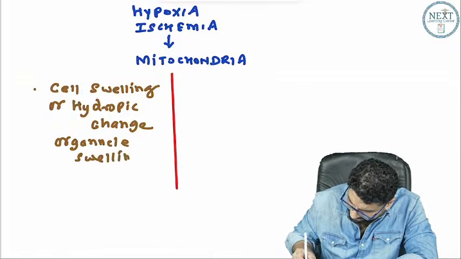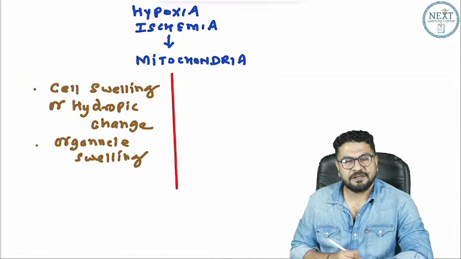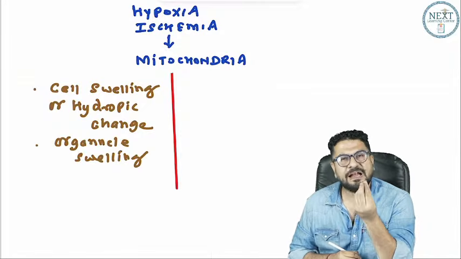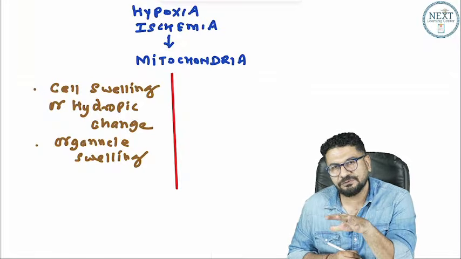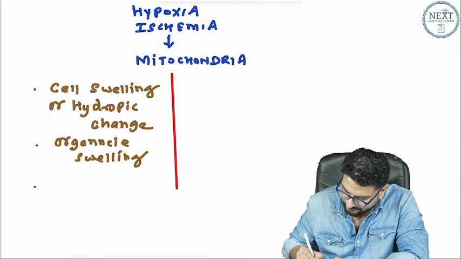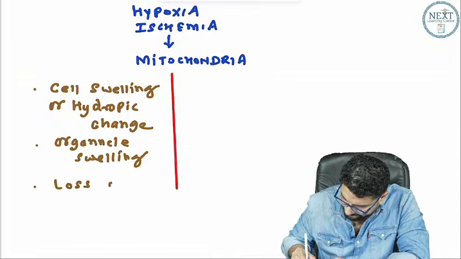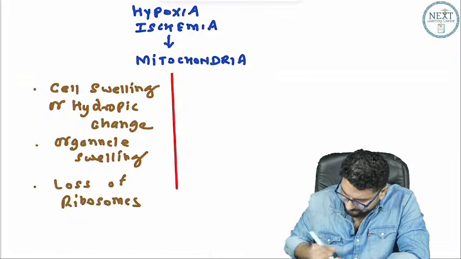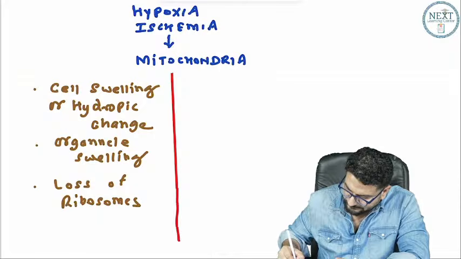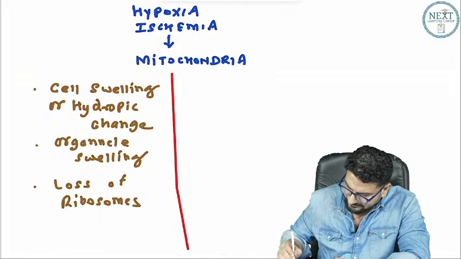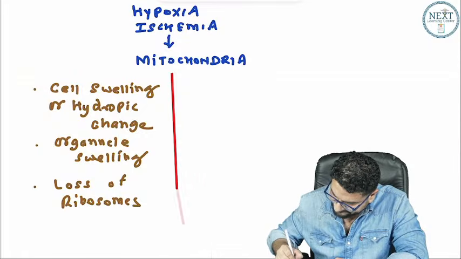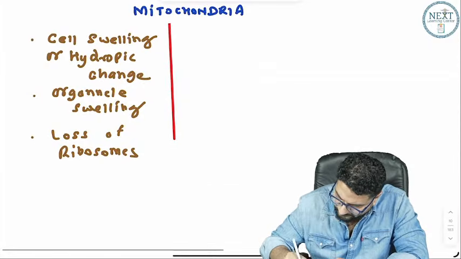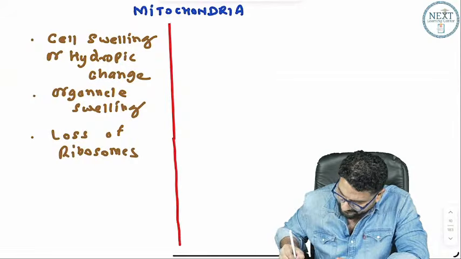Now the rough endoplasmic reticulum will have ribosomes, so that will lose its ribosomes. There's loss of ribosomes from the RER. Then, understand this thing. They ask you, what about the nuclear change that we see? The nuclear change will be called clumping.